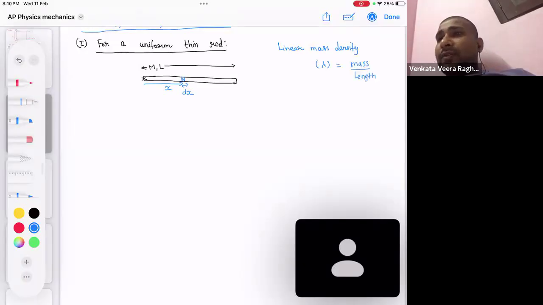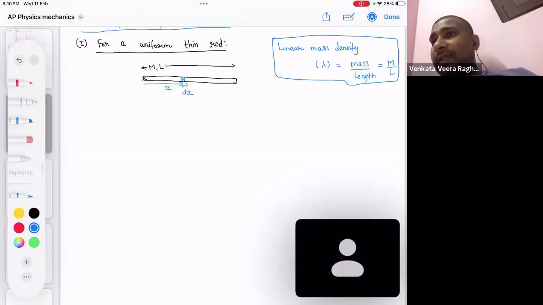Here the total mass of the rod is m, and the total length is L. So lambda will come as M by L.